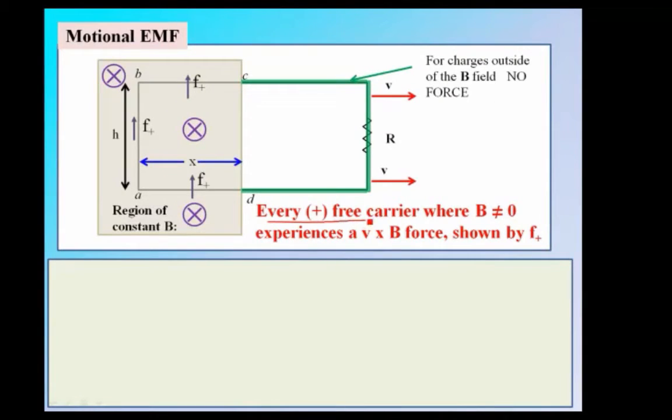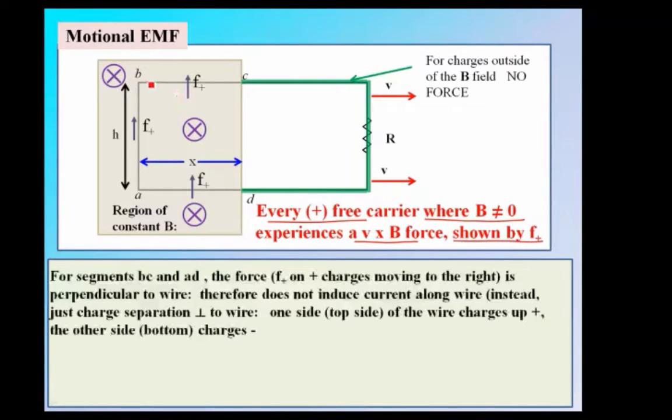Every plus charge, every plus free carrier, where it's in a region where B is not equal to 0, will experience this V cross B force. And we're going to call that, again, our F plus. We've already eliminated the region out here. For these segments, B to C and A to D, the force per unit charge is in the upward direction. To see that, you have V in this direction, you have B into the paper, so if you do V cross B, you get a force in the upward direction.